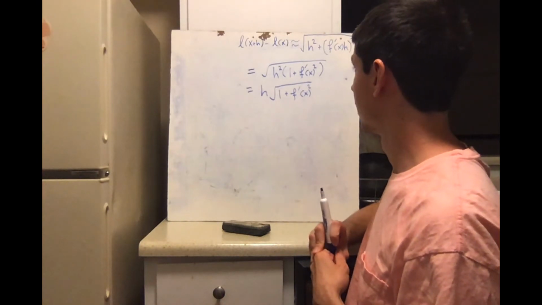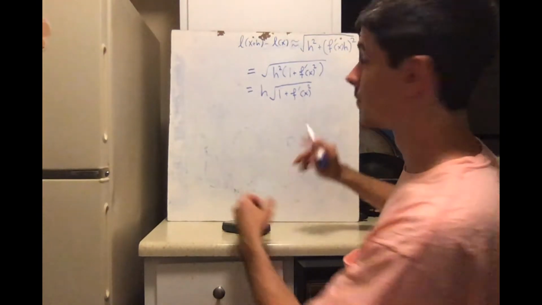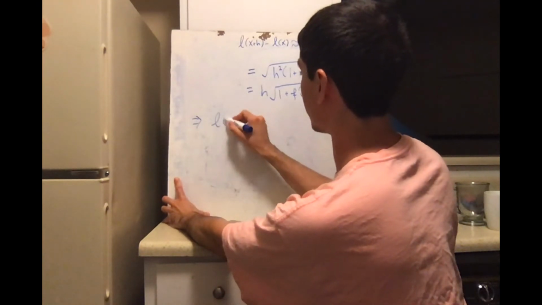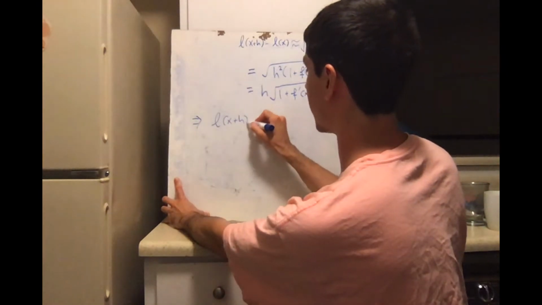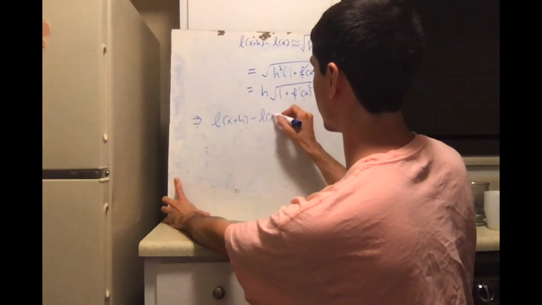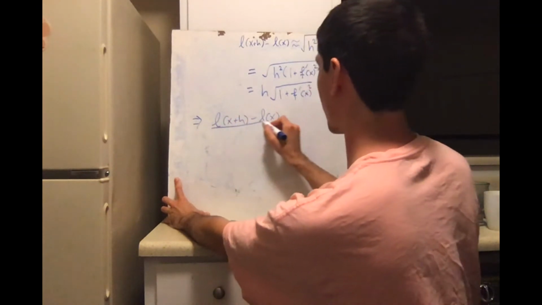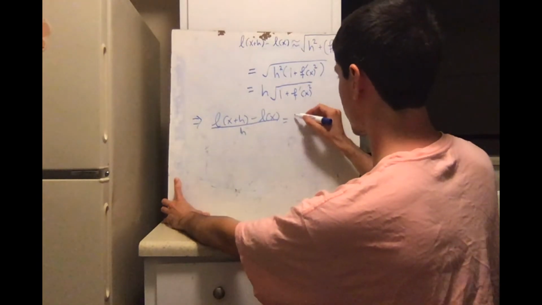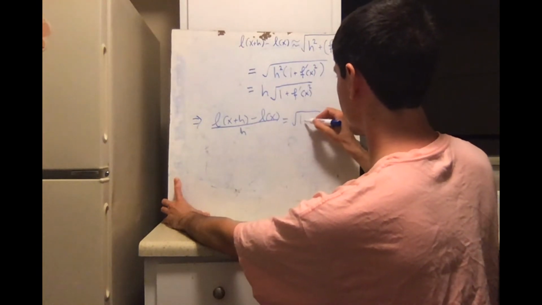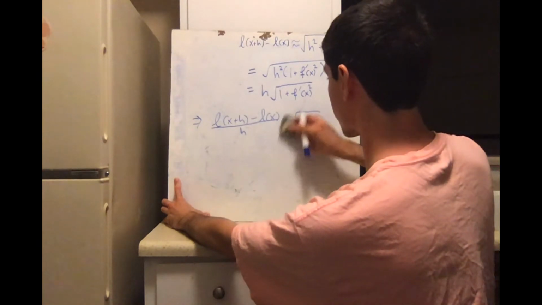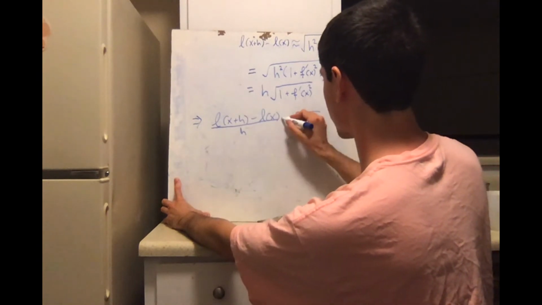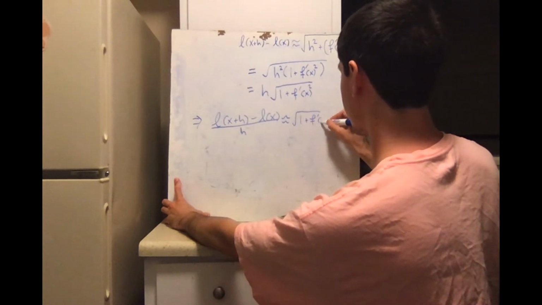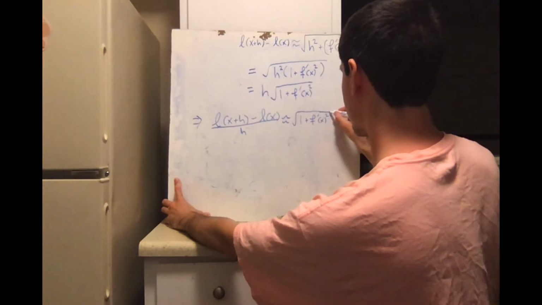So this all implies that L of x plus h minus L of x over h is approximately equal to the square root of 1 plus f prime of x squared.